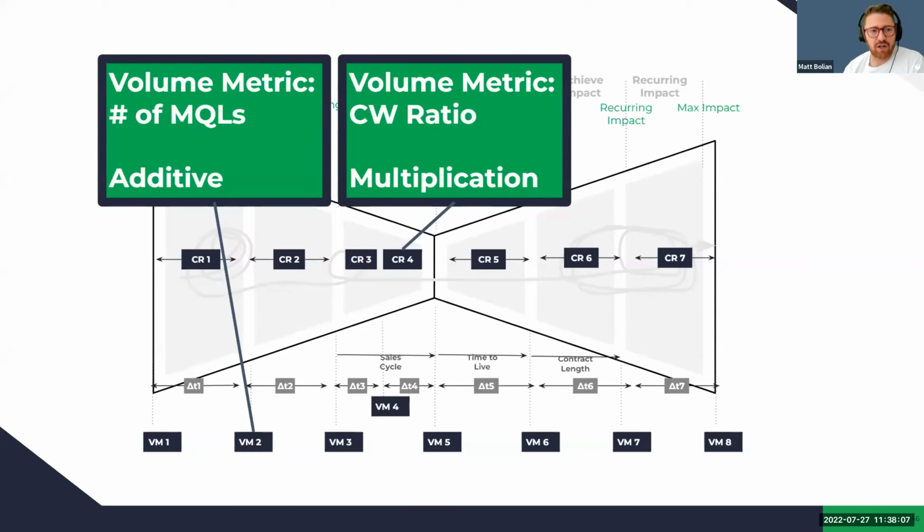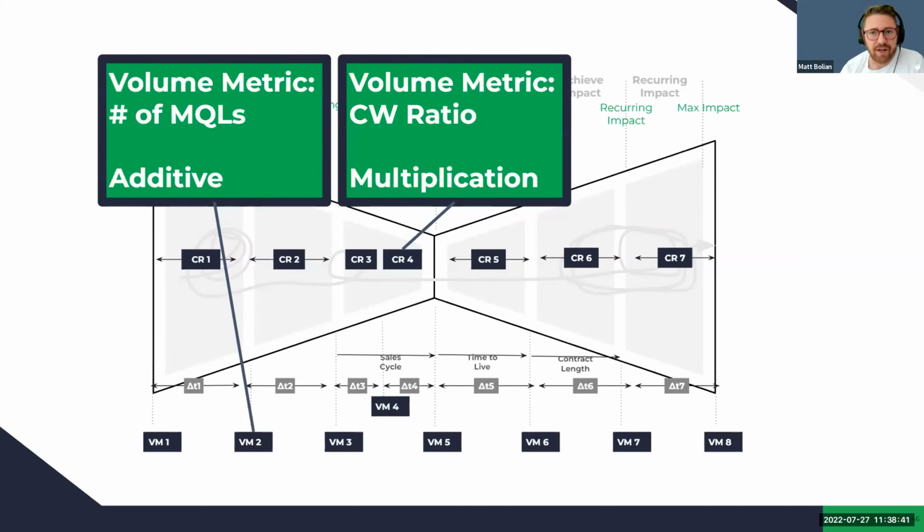How many MQLs, in that VM2, do I have? If I increase my number of MQLs, all else the same, if I 2x my number of MQLs, I should have 2x the number of closed ones. I should have 2x the number of committed customers, and it's linear. If I put in more here, I get the same amount of increase over there, right?